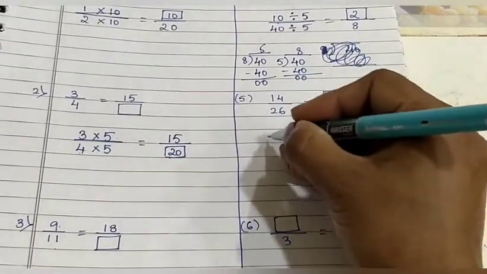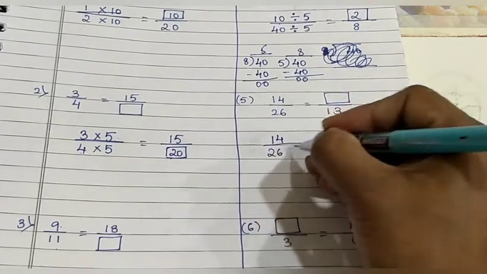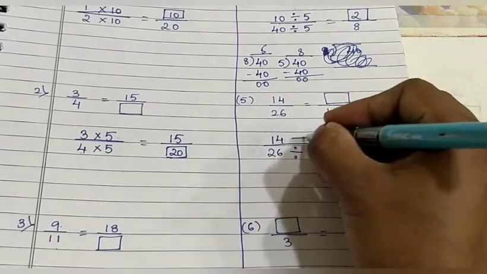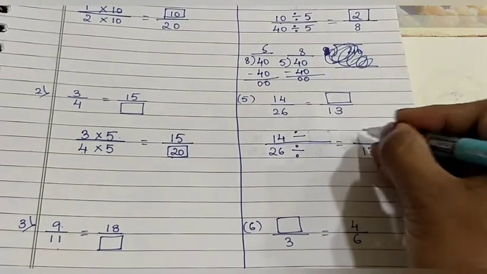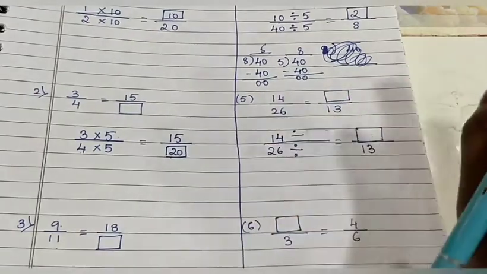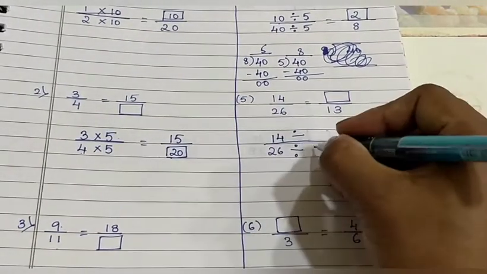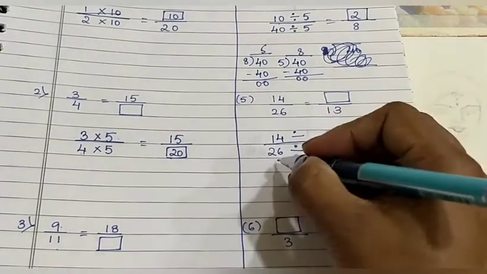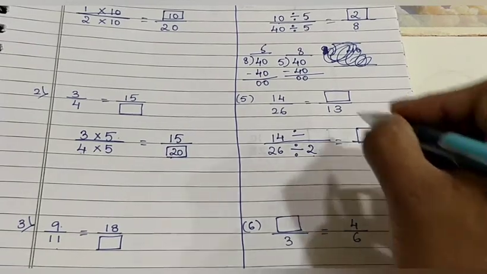See, 14 upon 26. Now again division. Why again is it division? Because this number is small and the number on the left hand side is big. 13 ones are 13, 13 twos are 26. So when you divide 26 by 2, you will get the answer 13.